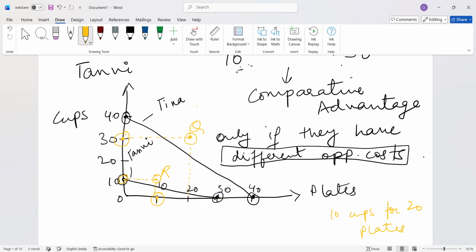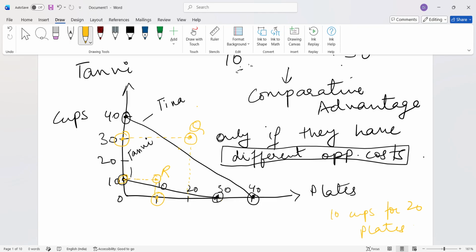Let it be R. So basically now what has happened with trade, with this specialization in production? This has resulted in each of them going beyond their production possibility curves. That is, their consumption possibilities are going beyond their production possibilities curve.